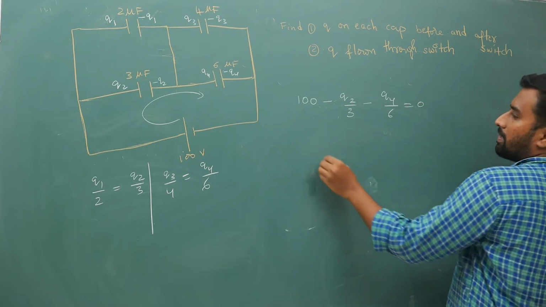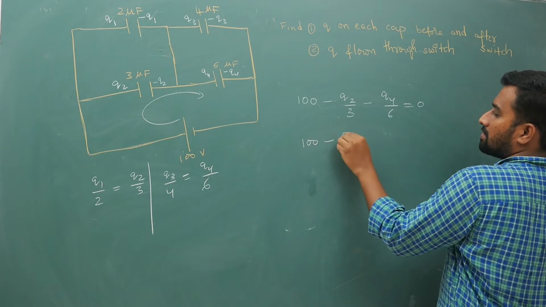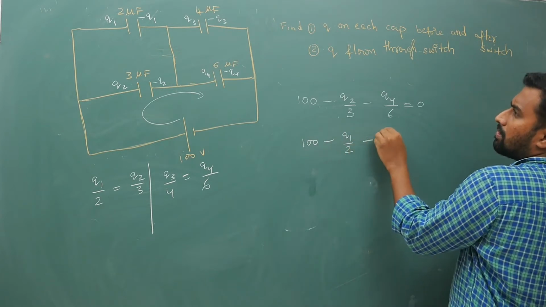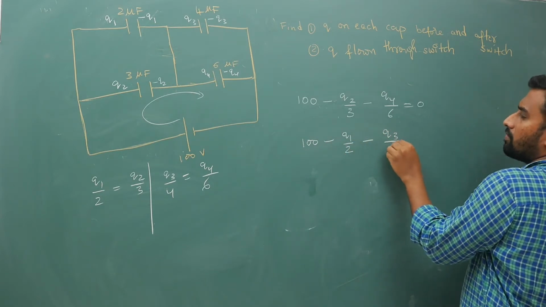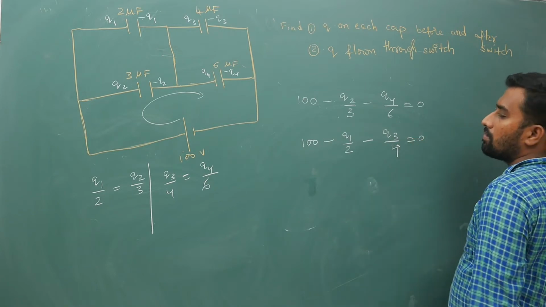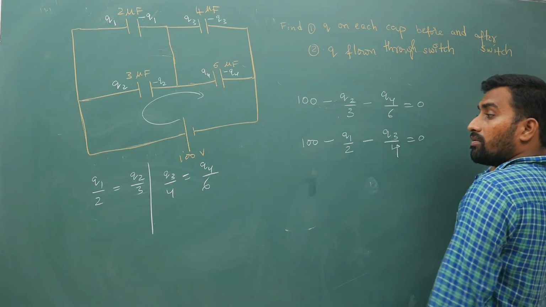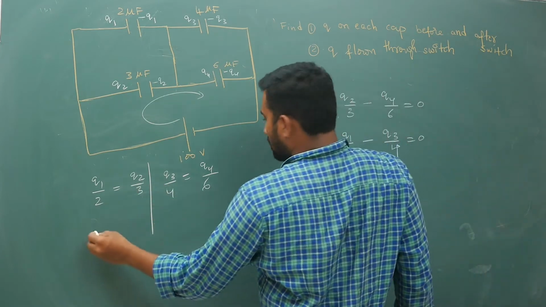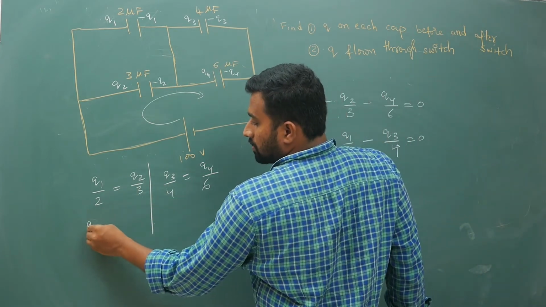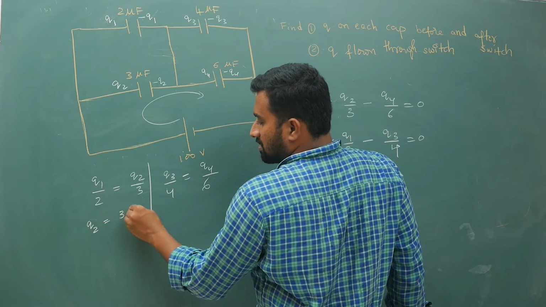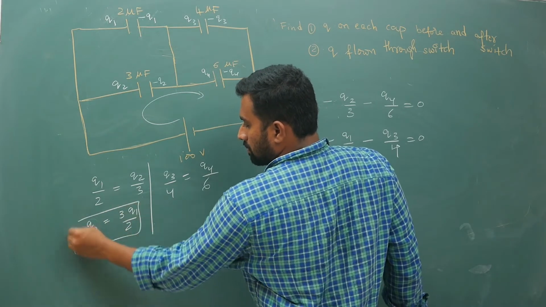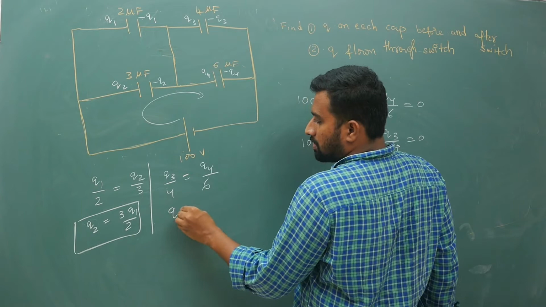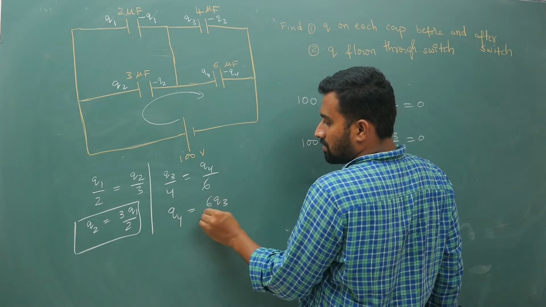And on the top part, 100 minus q1 by 2 minus q3 by 4 is equal to 0. Now from here you can express q2 in terms of q1. What is q2? It is 3q1 by 2. From here, what is q4? It is 6q3 by 4.